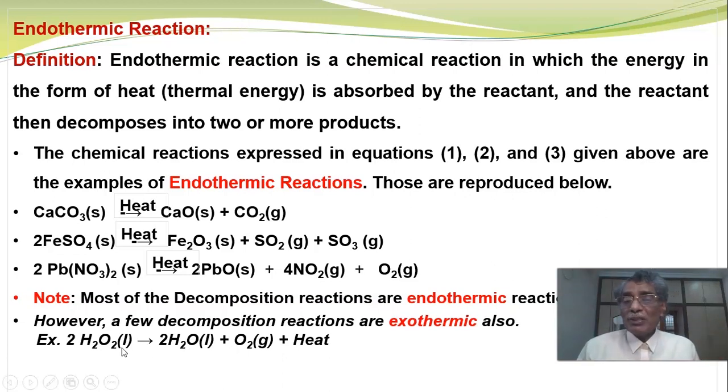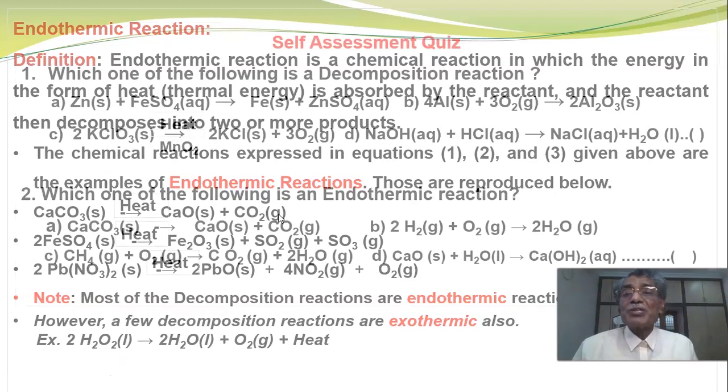One example is 2H2O2 liquid, hydrogen peroxide, decomposes spontaneously into 2H2O liquid plus O2 gas plus heat. Heat is released because it is an exothermic reaction, right? But most of the decomposition reactions are endothermic, but there are a few exothermic reactions like hydrogen peroxide decomposition.